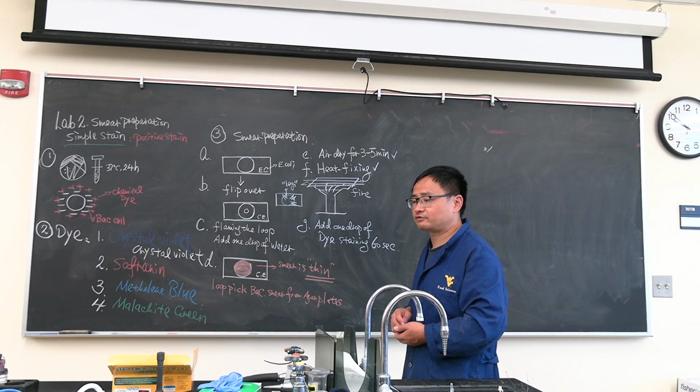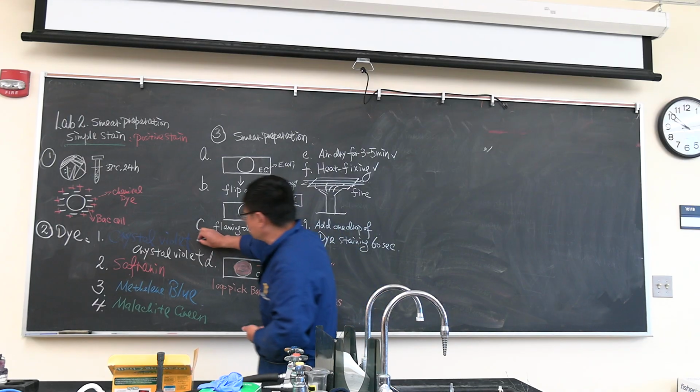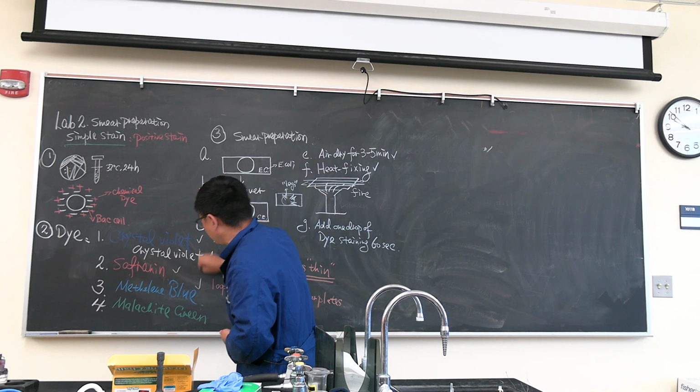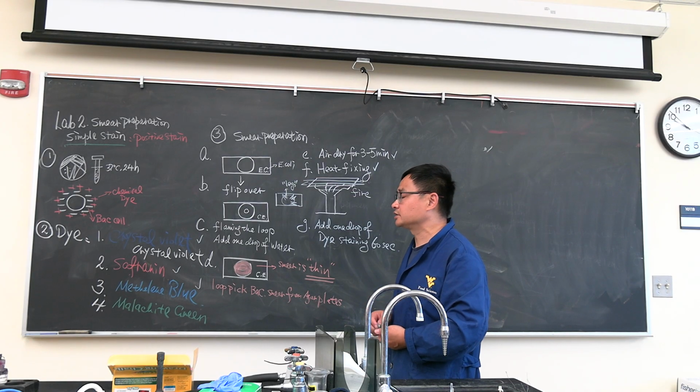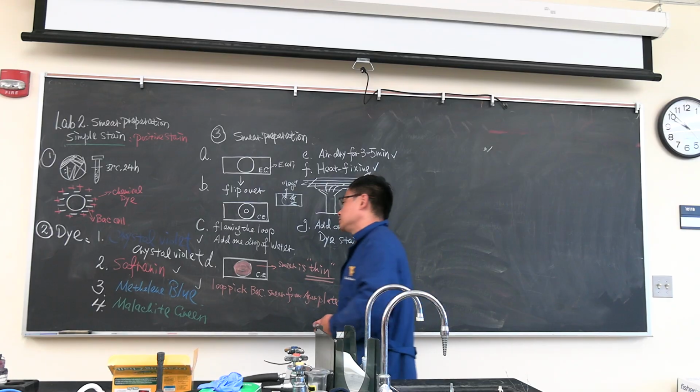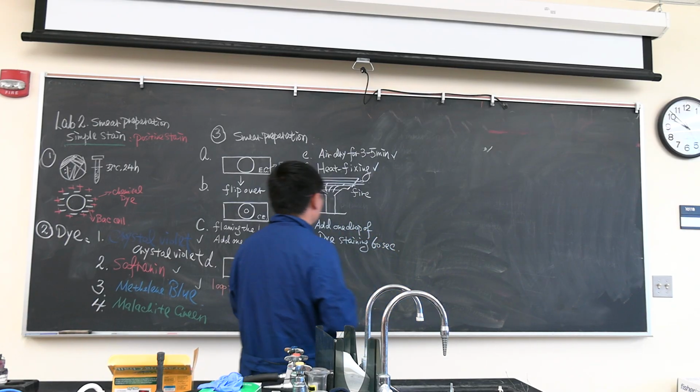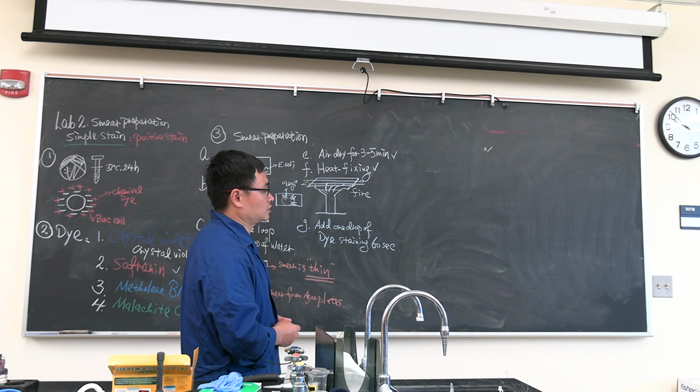If you are doing crystal violet, then your bench partner can do safranin. Then we have a different color, we can do the comparison. We have crystal violet, safranin and malachite green. Some people using methylene blue, then the other people can do safranin. So add 1 drop of the dye, staining for 60 seconds.